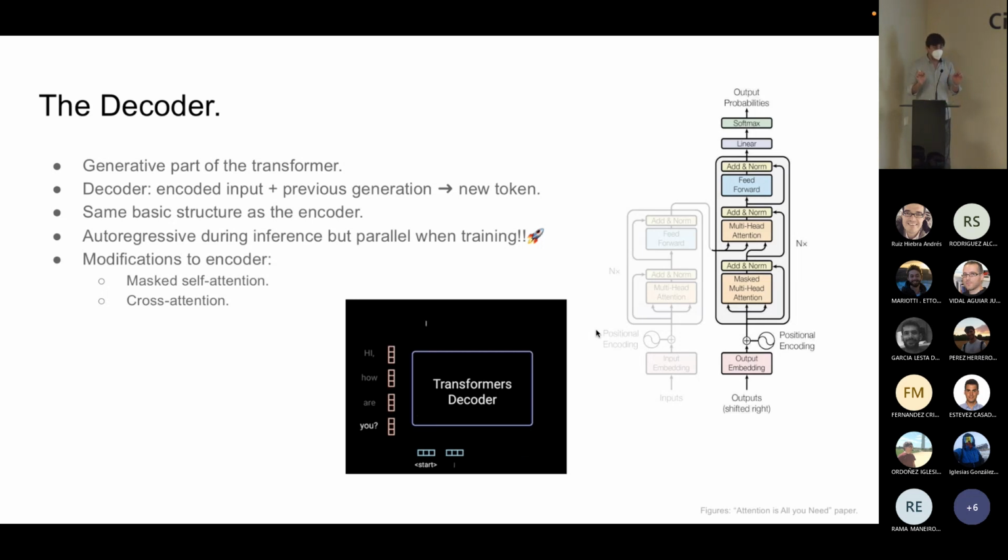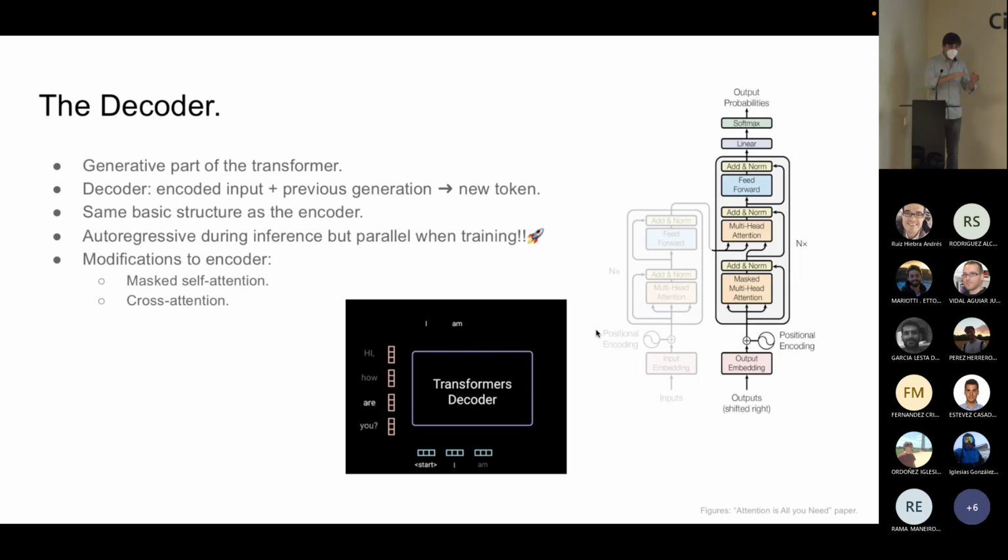And the powerful thing here is that at inference time, when we want to do a real translation, the decoder just starts generating sequentially, one word, then another, based on what it has already generated. But we can train this in parallel. When we train, we don't need to first output the first word, then the second.